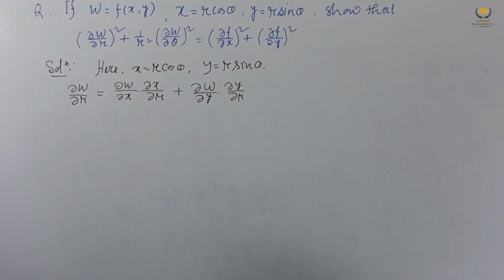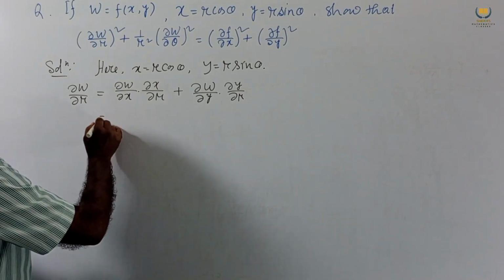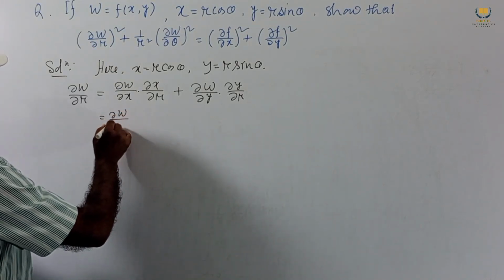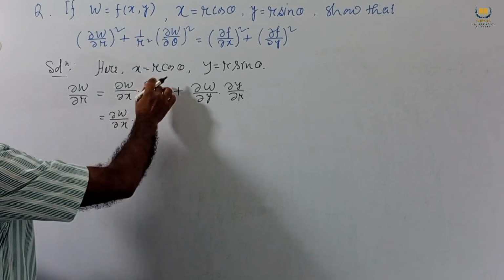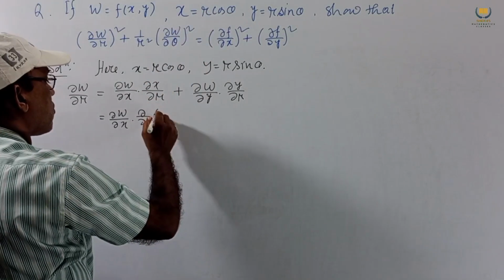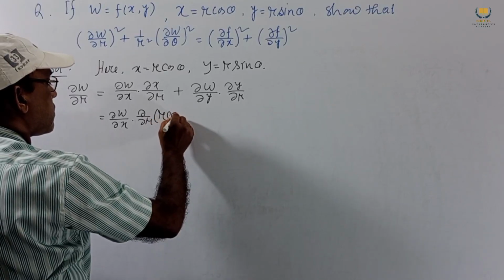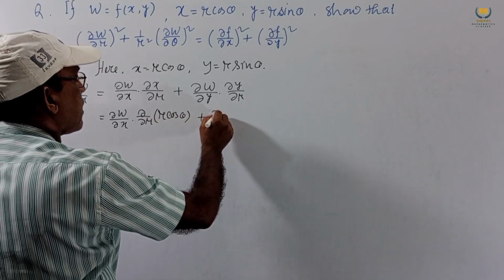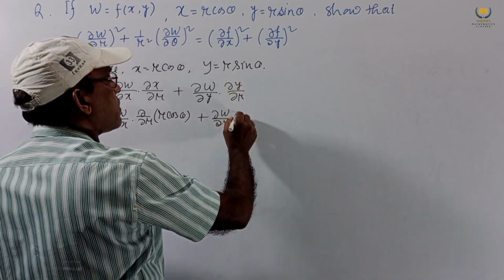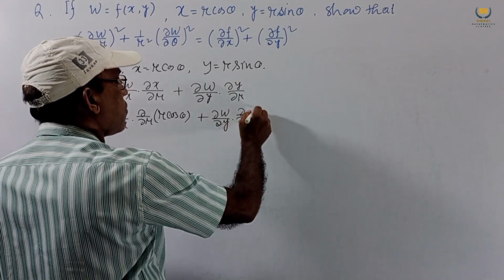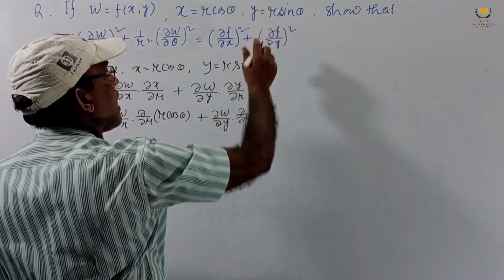We can express this in chain rule. Then ∂w/∂x, ∂x/∂r, x means r cos θ, and ∂w/∂y, ∂y/∂r, y means r sin θ.